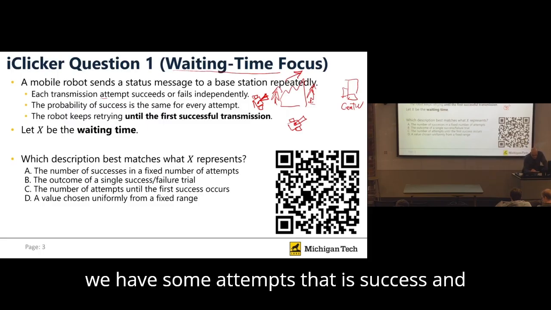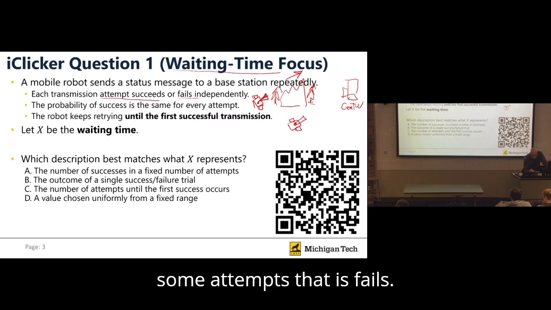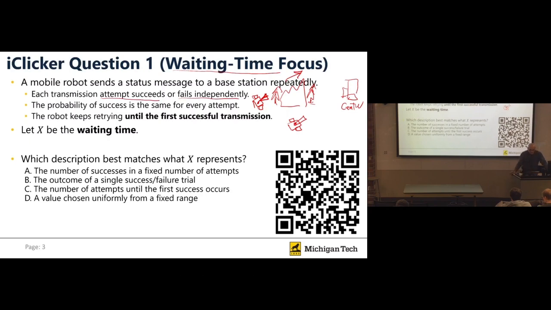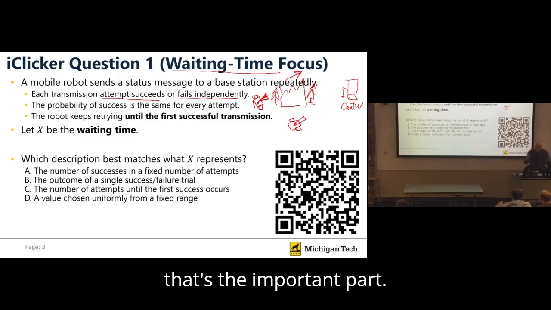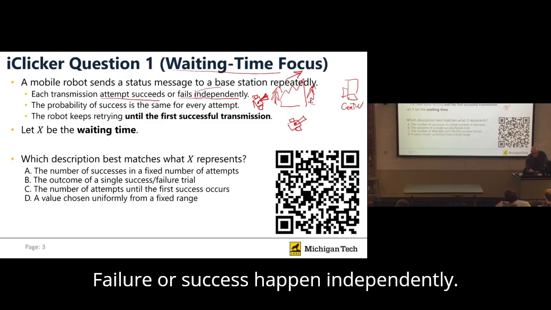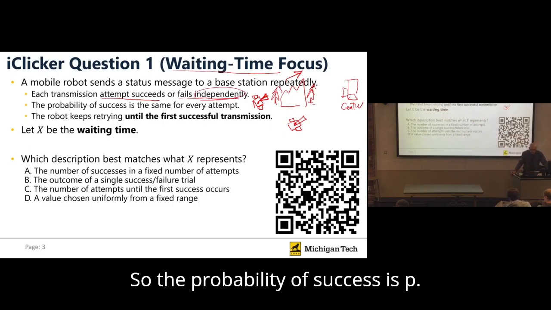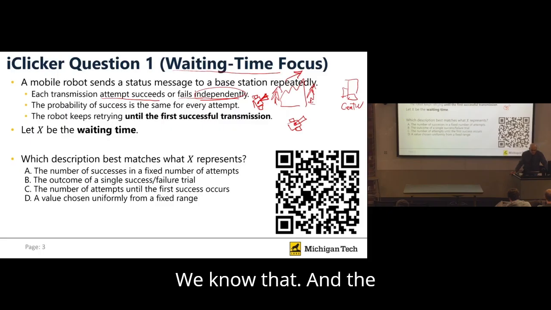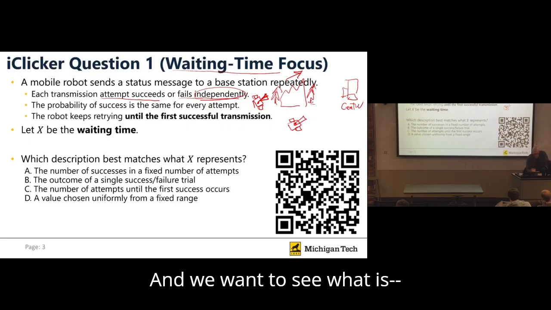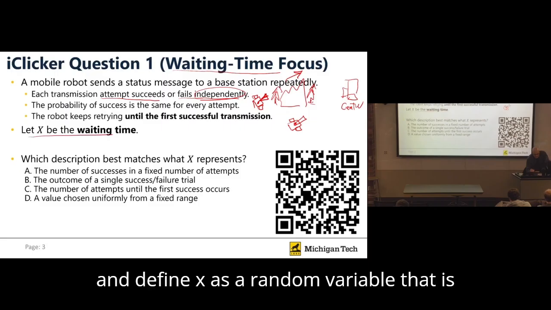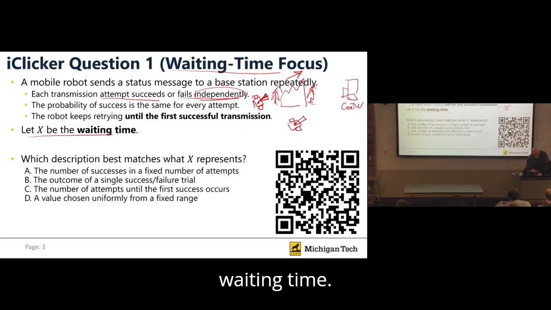So we have some attempts that succeed and some attempts that fail. But this happens independently. That's the important part. Failure or success happens independently. The probability of success is P. We know that. And the robot keeps trying multiple times. We define X as a random variable that is the waiting time.